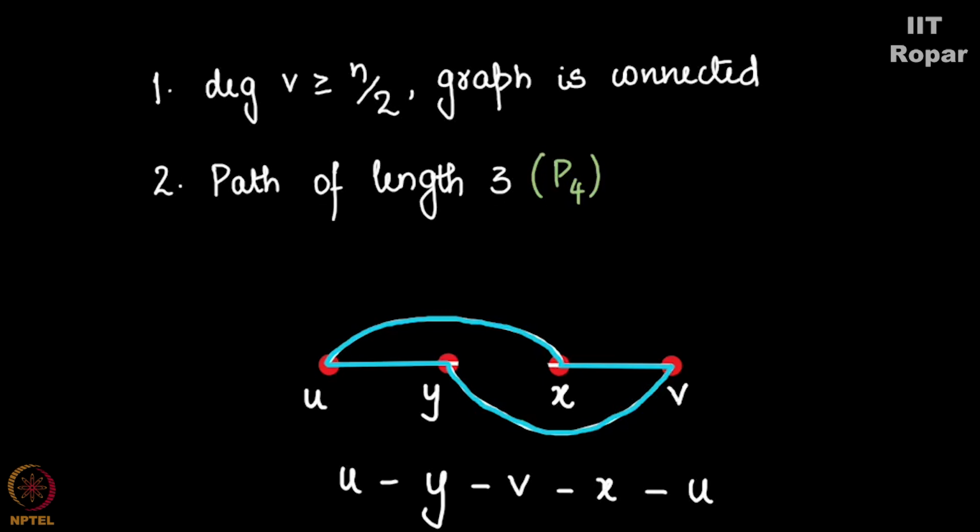So given any path of, let's say, length 100, if we take U, U1, U2, U3, and so on up to U100, this is a path of length 99 with 100 vertices.